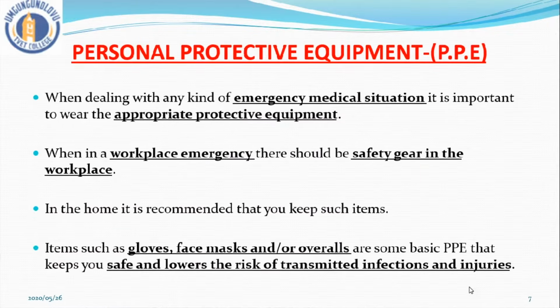Personal protective equipment, also known as PPE. When dealing with any kind of emergency medical situation, it is important to wear the appropriate protective equipment. When in the workplace emergency, there should be safety gear in the workplace.